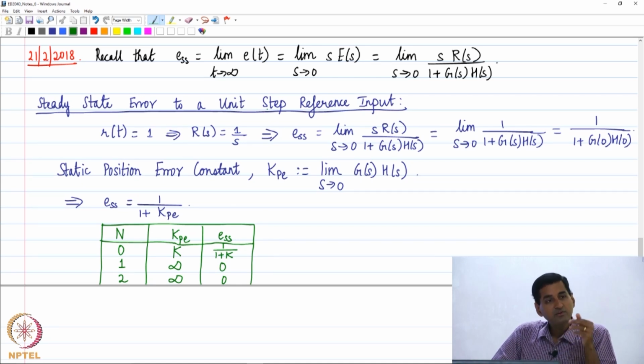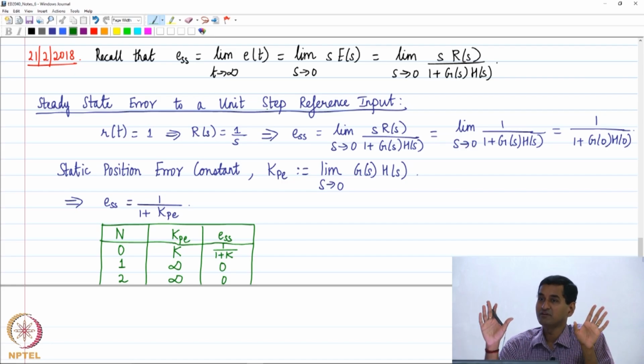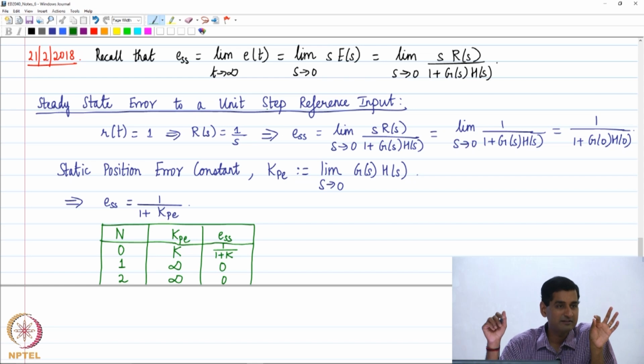When we provide a unit step reference input, when do you think we would be able to track or follow the unit step reference input perfectly as time increases? We need at least a type 1 system, right? Because if it were a type 0 system, I can follow the unit step reference input, but with a steady state error of 1 divided by 1 plus capital K.